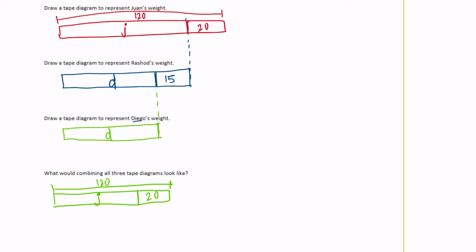And then we would have, remember, Rashad is Juan's weight last year, and he is Diego plus 15. And then Diego is right here. So we can label them all. So this was Juan, Rashad, and Diego.